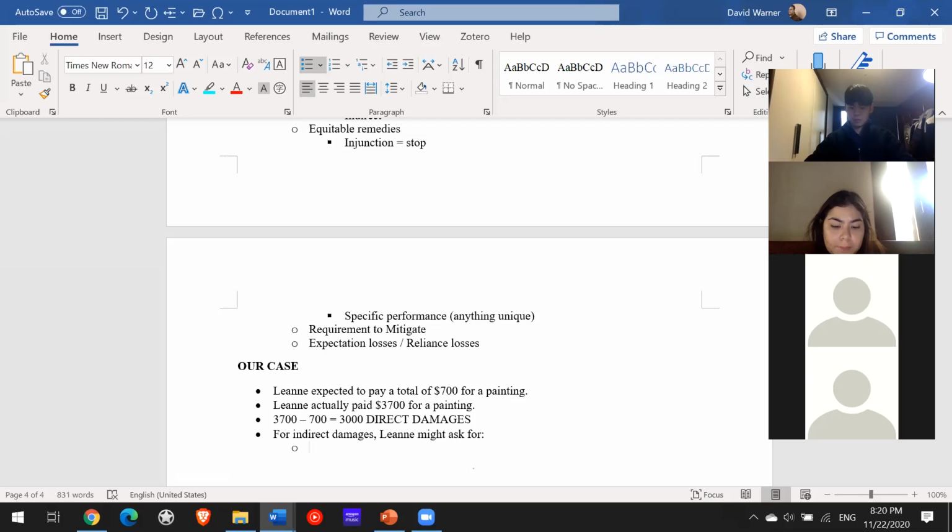Indirect damages. What kind? Emotional. What we'd call that is suffering. Suffering is emotional. Did Leanne have any pain, physical pain? No, so she can't sue for pain.